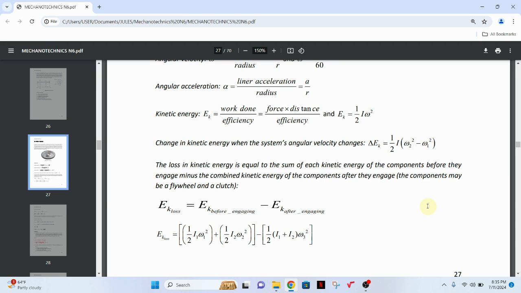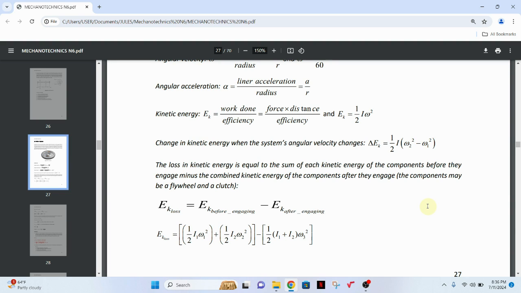So if you want to find the kinetic energy that was there before they engage, you need to take the kinetic energy of the clutch and add to that the kinetic energy of the flywheel. Now, after they engage, because they become one unit, they will both have the same angular velocity, rotating together. However, the mass will be the sum of the two masses, and so you can then find the second kinetic energy. That will be the final kinetic energy because that is what you have after they engage.